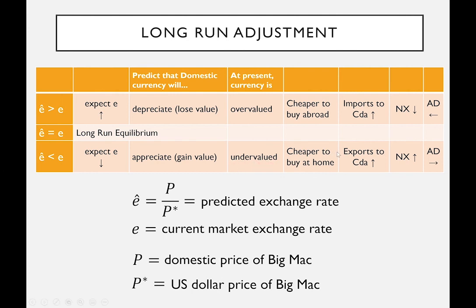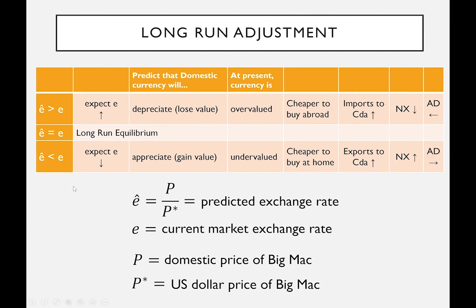So like we did before, it's cheaper to buy a Big Mac at home. That means it's cheaper to buy in Canada. In other words, I think many Americans will come to Canada and start eating our Big Macs because they're cheaper, which means our exports will increase, which means net exports will go up. And I think in the long run, the aggregate demand curve is going to shift to the right.